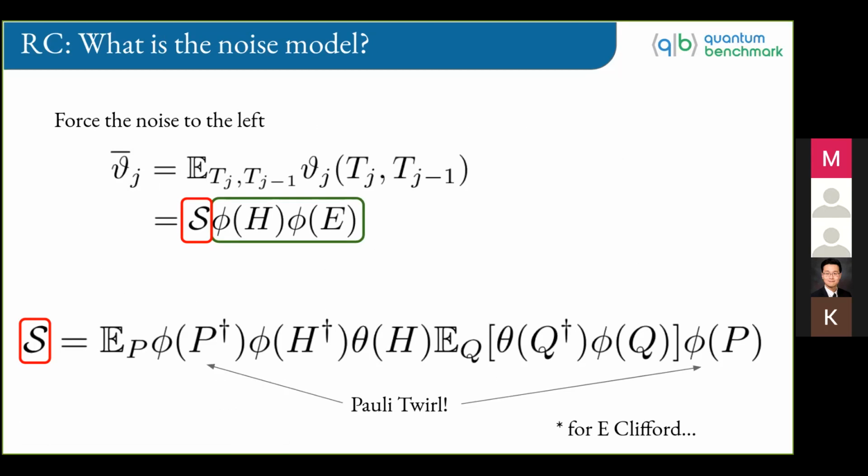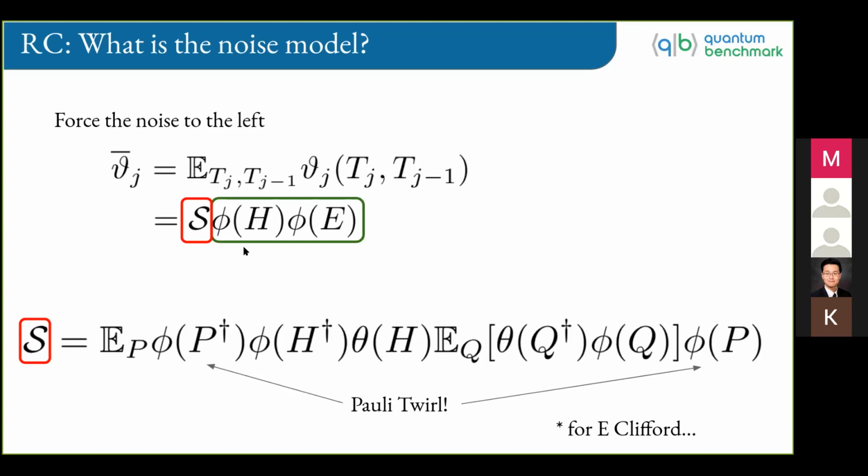And I'll skip to this slide. So right here, what I've done is I've taken my hard cycle, and I've conjugated it by my twirl, and I'm averaging over all possible twirls on my hard cycle. And what I get out is some new effective hard cycle.